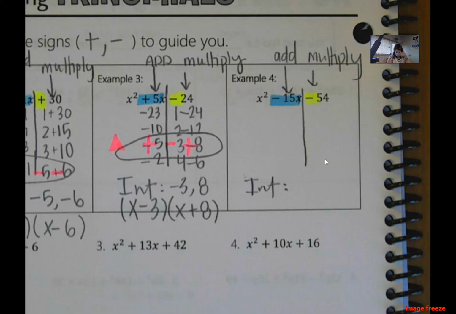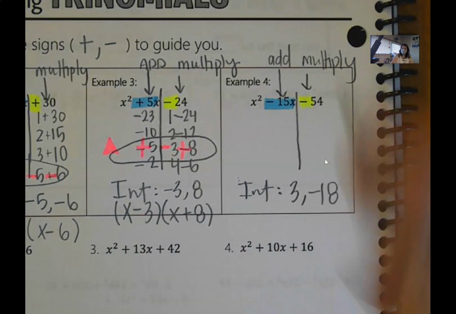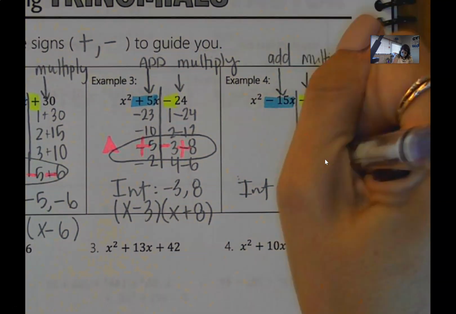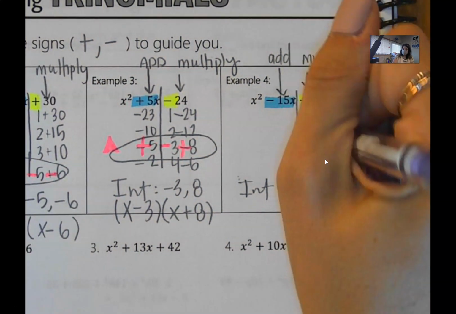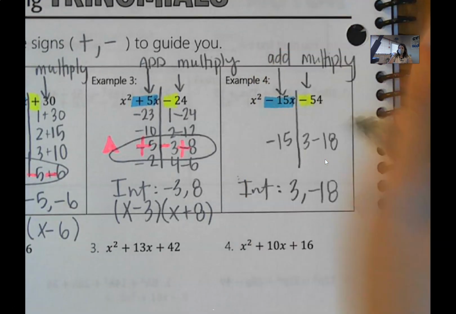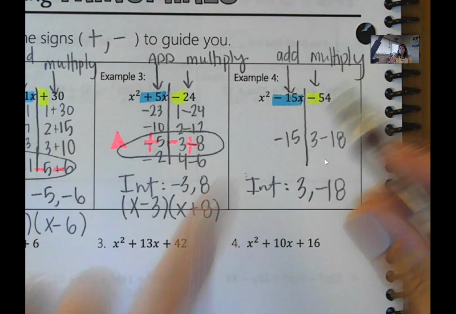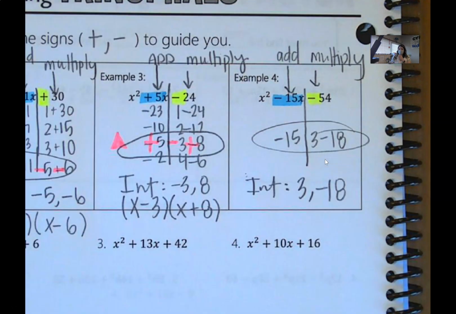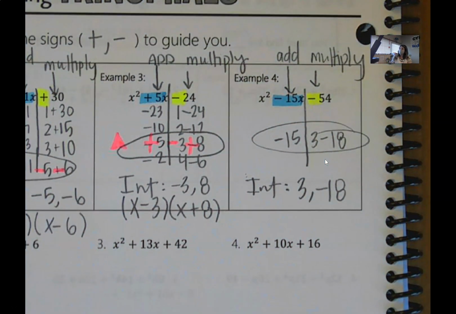Okay, so this should be positive 3, negative 18, because you had to minus your two factors. So 3 subtract 18 gives you exactly negative 15. You don't need to change anything, so that is what you use.